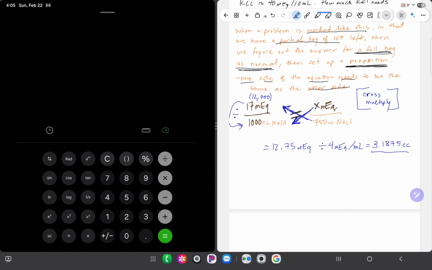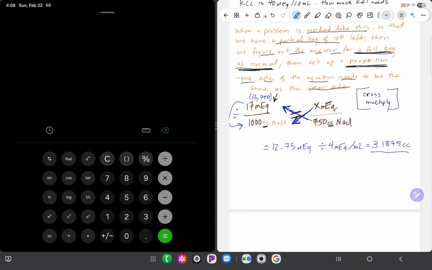We don't know how much we're going to drop yet, but we do know volume. 750 is what's left in my bag of NaCl. So this first part is set up exactly as you would normally. We're figuring out the answer for a full bag as normal. So you set up the first part as you would normally to get a correct answer.